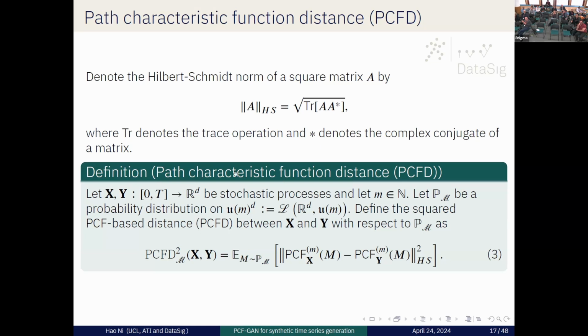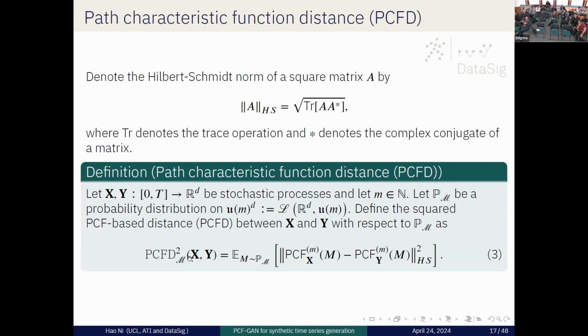I will introduce the corresponding path characteristic function distance. It's very similar to the finite dimensional case. Given two stochastic processes X and Y, we have the path characteristic functions of X and Y of order m respectively. Here curly M is a probability measure on this linear matrix space.